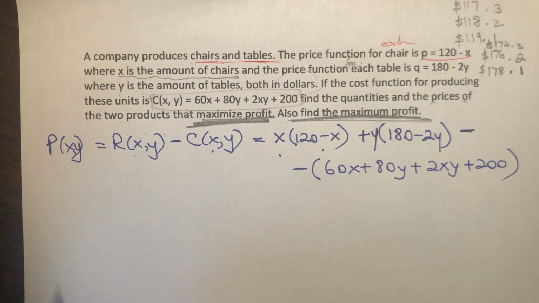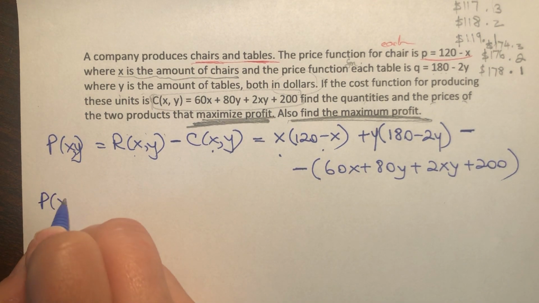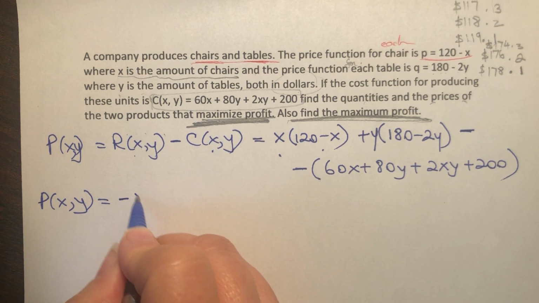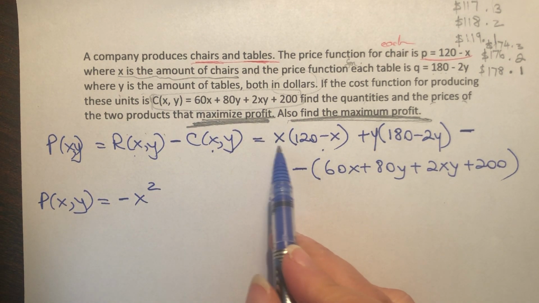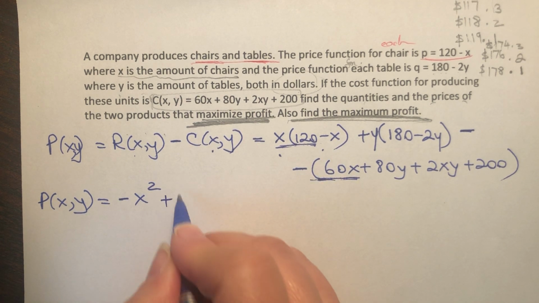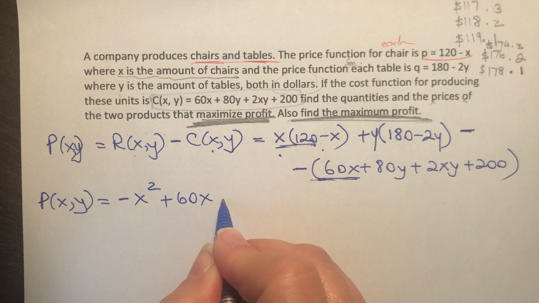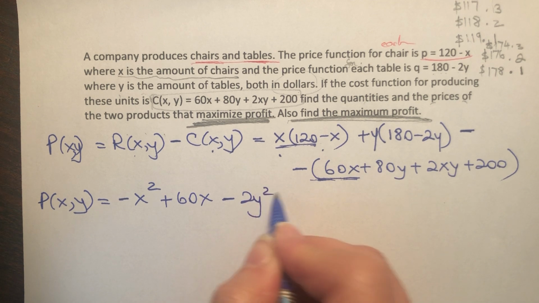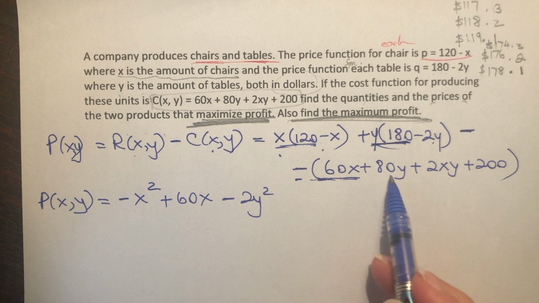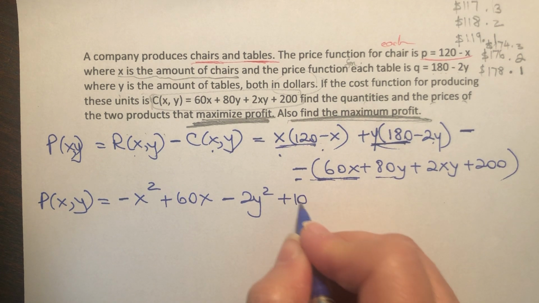Okay. So I'm going to put all that together. Hopefully the correct way. That's going to be a negative x squared. It's going to be 120x minus the 60x from here. That's 60x. Minus 2y squared from here. And that's 180y minus 80y, which is 100y.